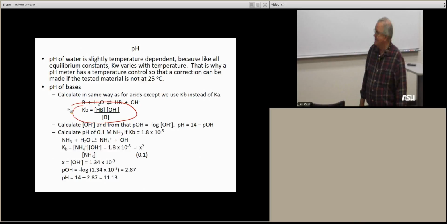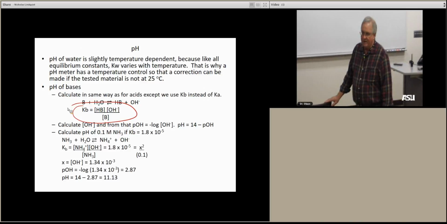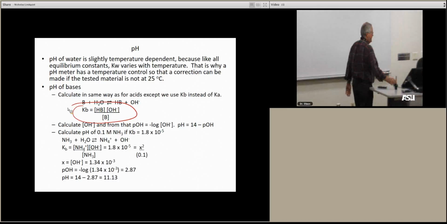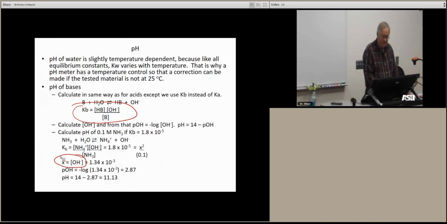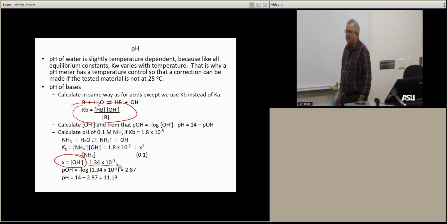Solve for X, and X equals 1.34 times 10 to the minus 3. But what is X? Here's the difference: we're doing bases, so we're solving for the hydroxide concentration, which turns out to be 1.34 times 10 to the minus 3.